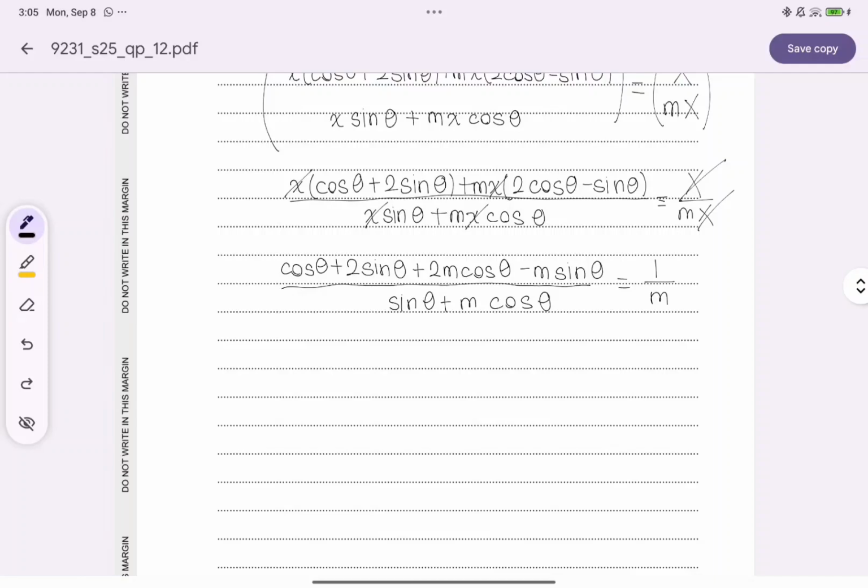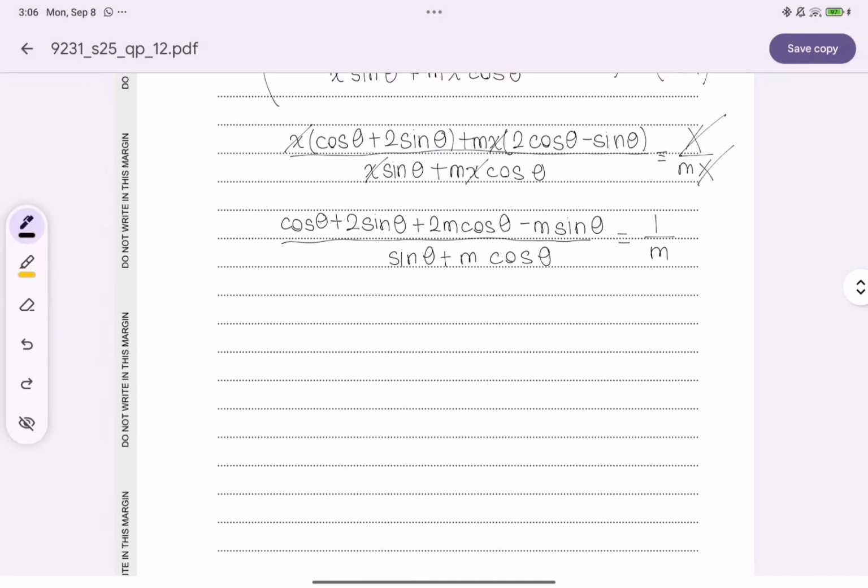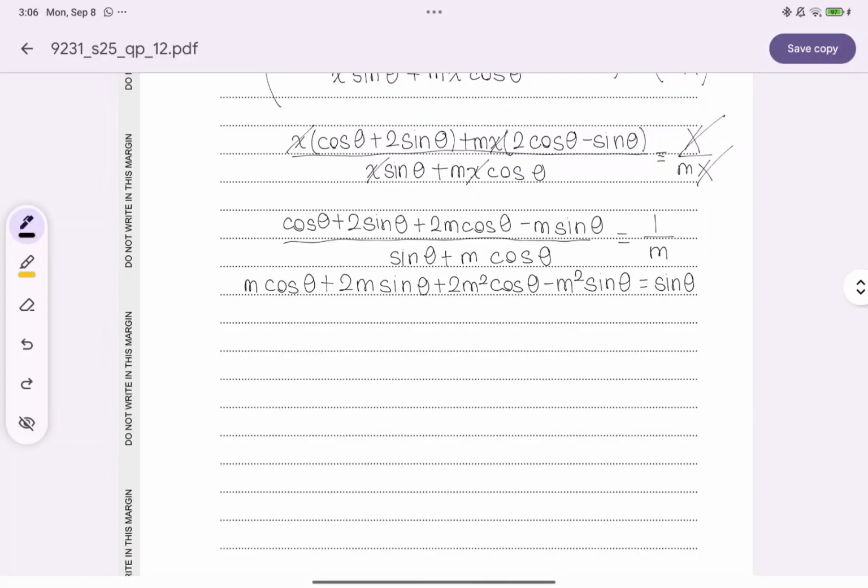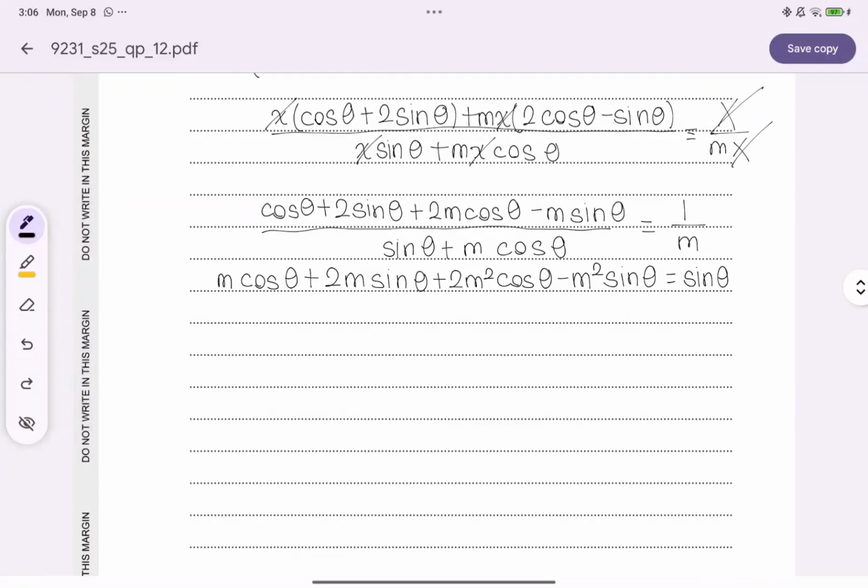Alright, now let's cross multiply everything. So this would give us m cosine theta plus 2m sine theta plus 2m squared cosine theta minus m squared sine theta equals to sine theta plus m cosine theta.